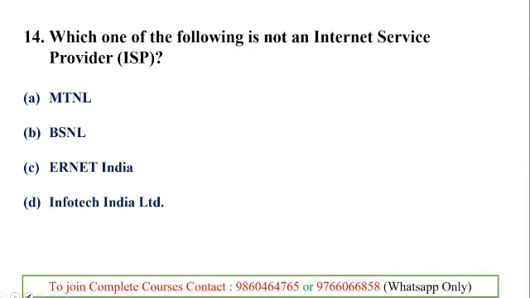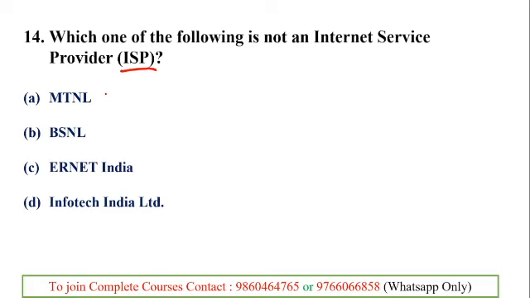Then, which of the following is not an internet service provider? That's ISP, internet service provider. An internet service provider is a company that provides individuals and organizations access to the internet and other related services.